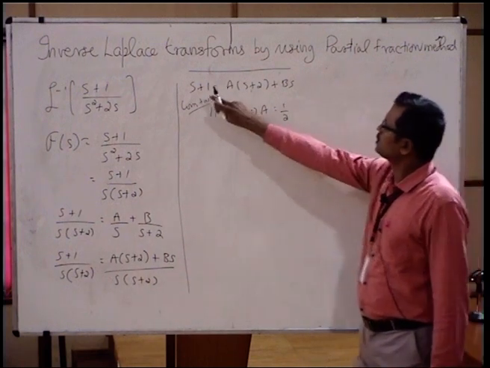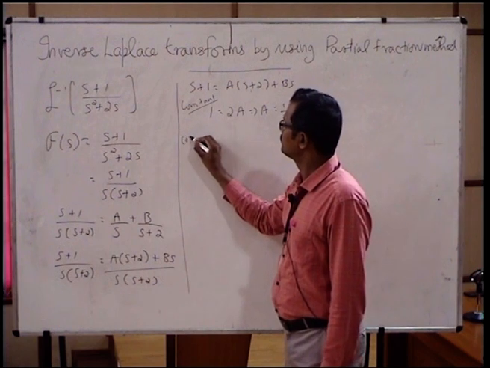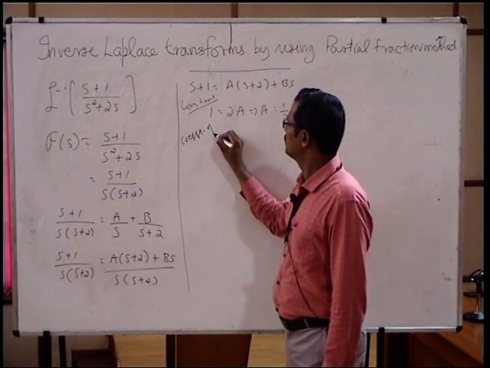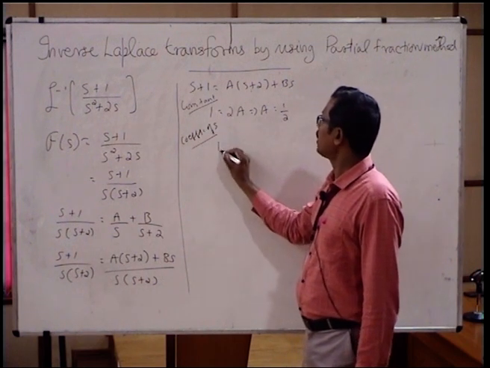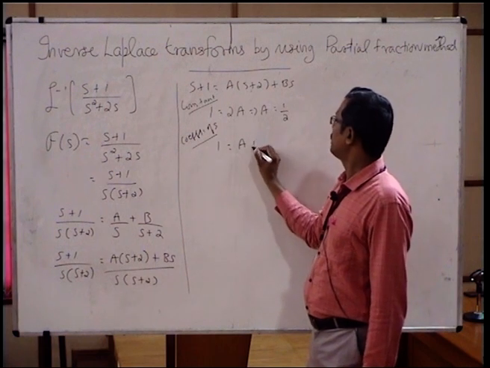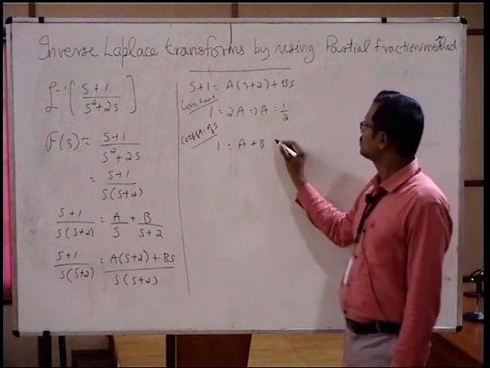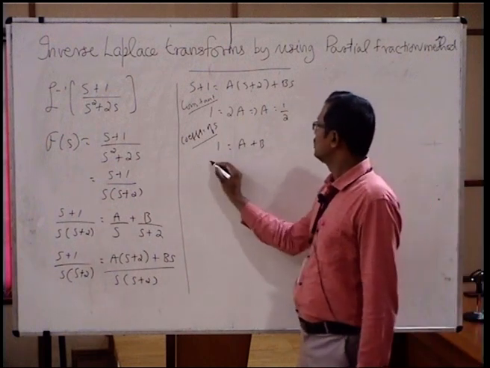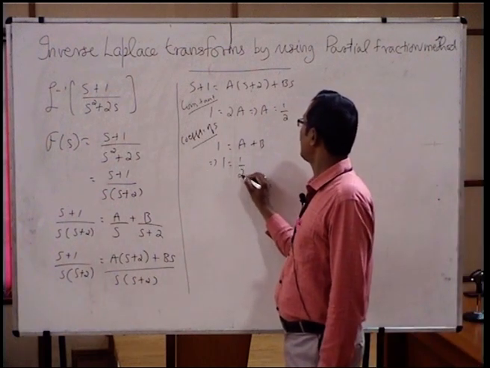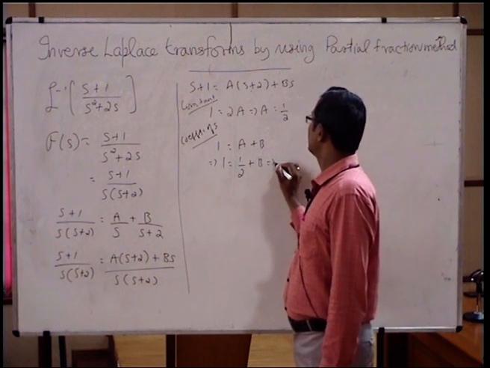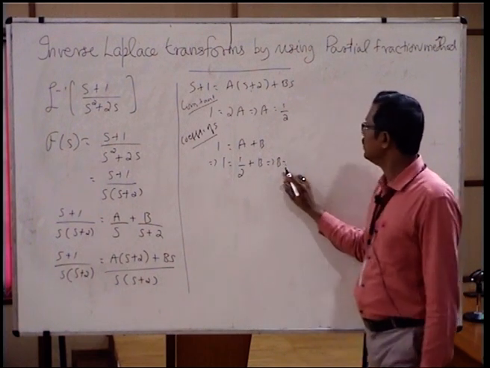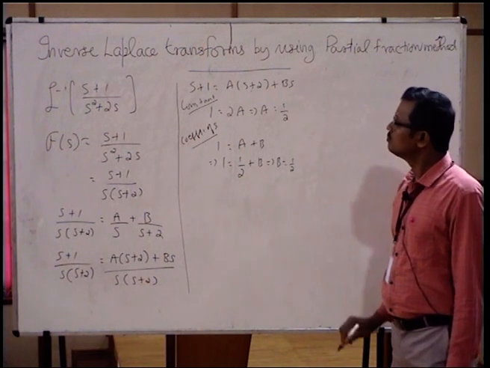Now if you consider the coefficient of s, we get 1 equal to a plus b, and we know that a equal to 1 by 2, substitute in this equation, so that implies 1 equal to 1 by 2 plus b. So we get the value of b equal to 1 by 2.